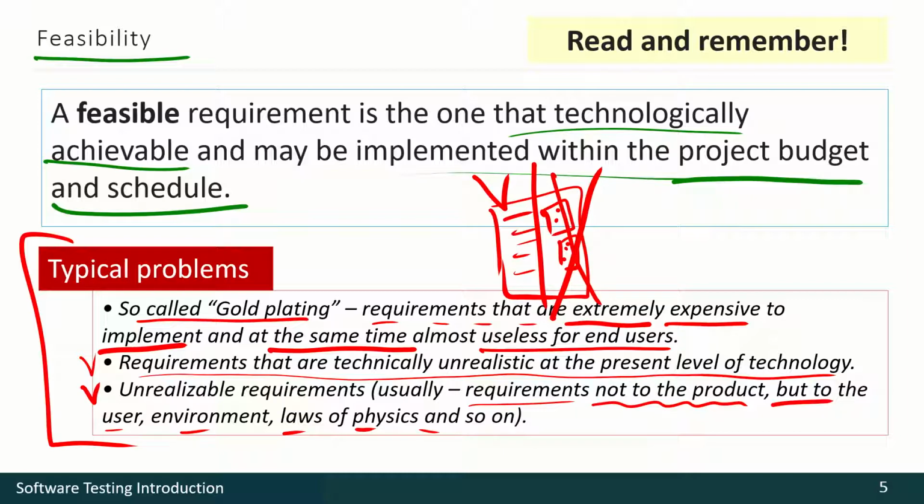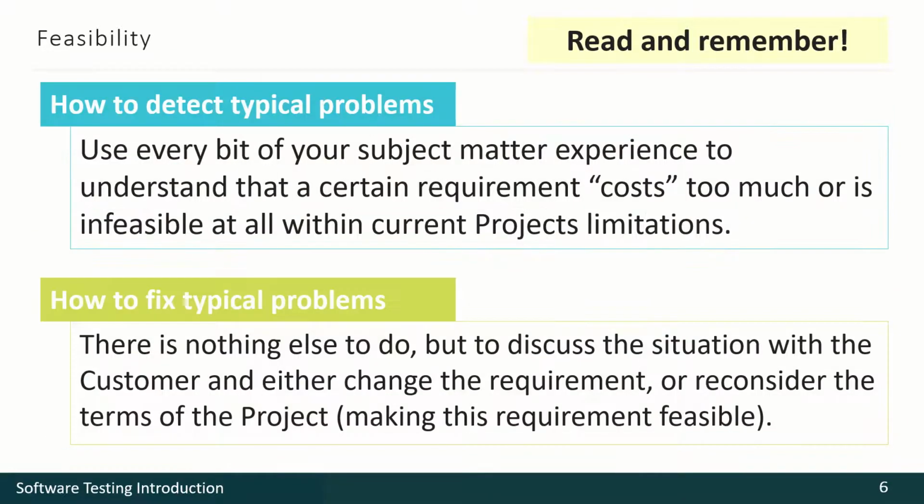For instance, imagine such a requirement: a user should be able to send an email. How can we influence the user? How can we teach him, make him physically healthy, mentally healthy, and so on, for him to be able to send an email? This is not a requirement for the application. This is a requirement for the user. So it should somehow be rewritten to become a requirement for the application.